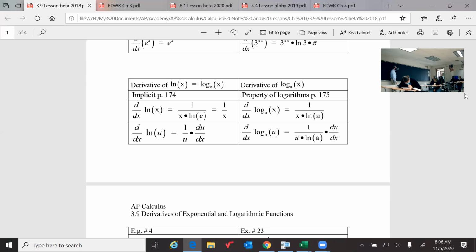So if this was e to the x, the blue curve would be ln. What we're trying to do is find the slope of the curve, just like you tried to find the slope of the curve on Monday.